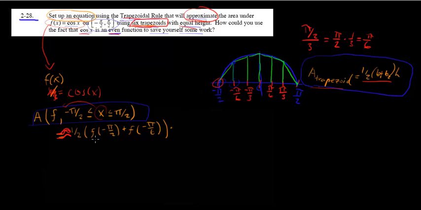negative pi over 2 right here, plus the function at negative pi over 6 right here. So we're getting these two heights times the height of the trapezoid, which is from 0 to pi over 6. Each width here, we already talked about earlier, is pi over 6.